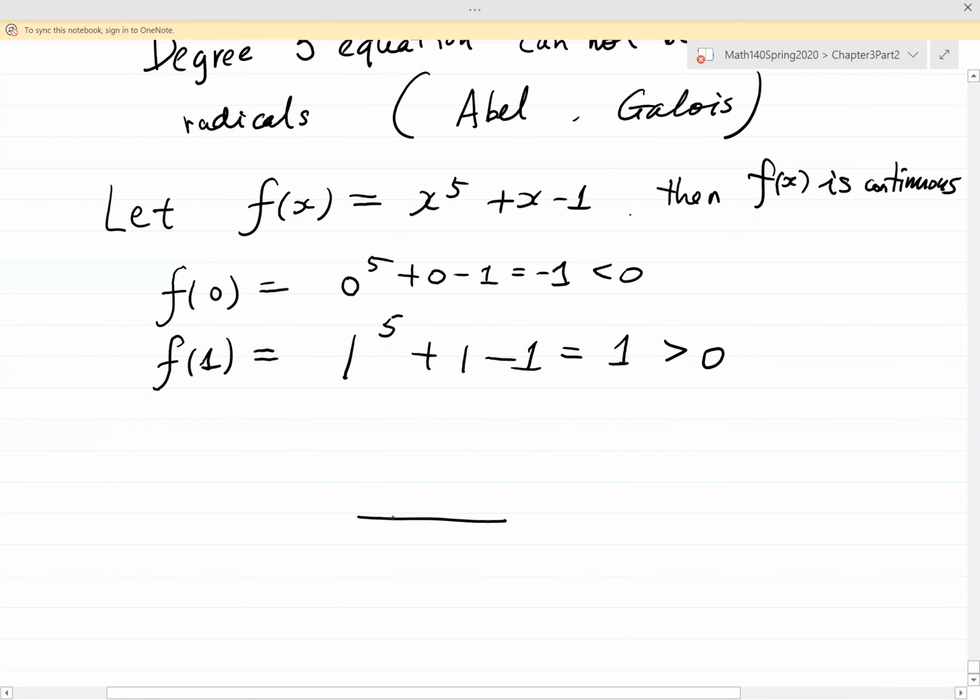When x is 0, the value is -1, and when x is 1, the value is +1. If you plot this graph, by continuity, somehow there's a root x0.